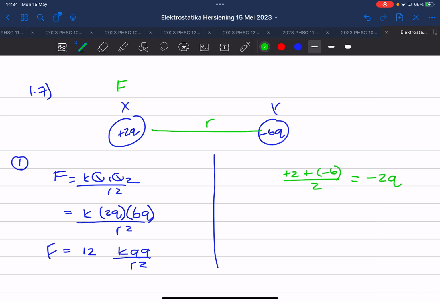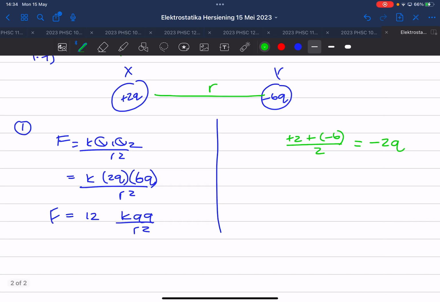So they both now have a charge of -2 coulomb, or 2Q. So if I calculate the force now, it will be K times negative 2Q times negative 2Q over R squared. 2 times 2 gives you 4K over R squared.